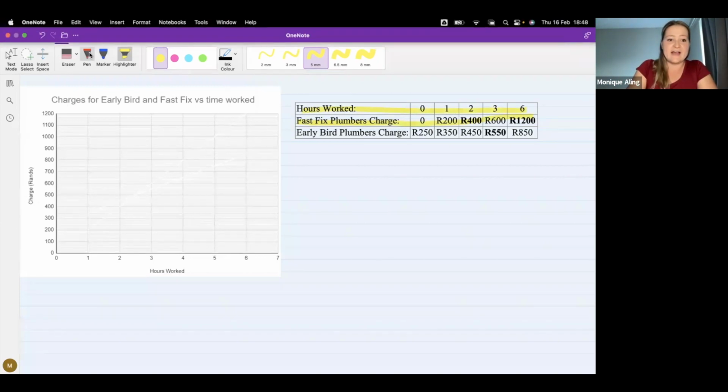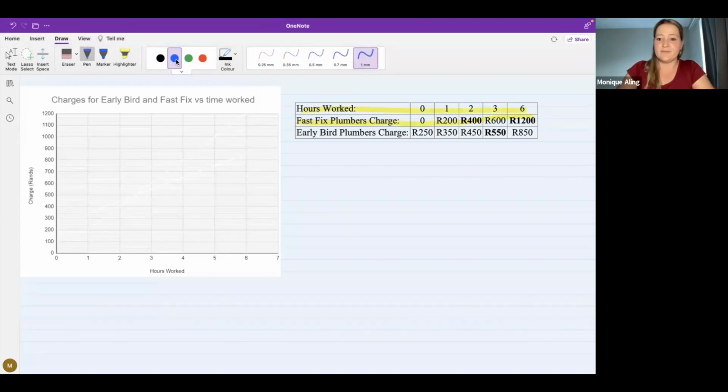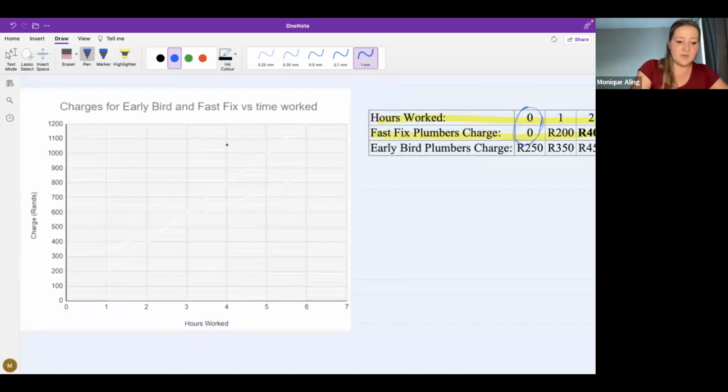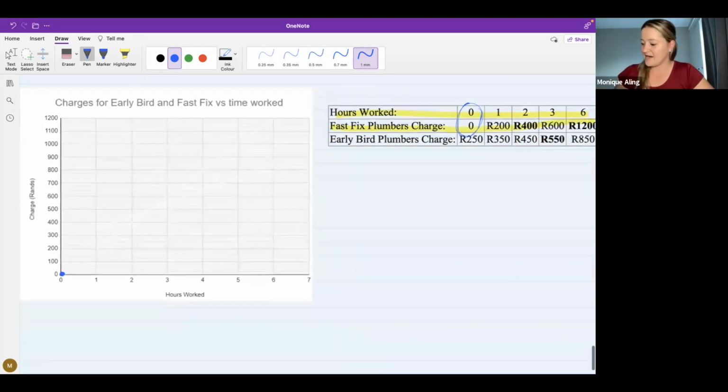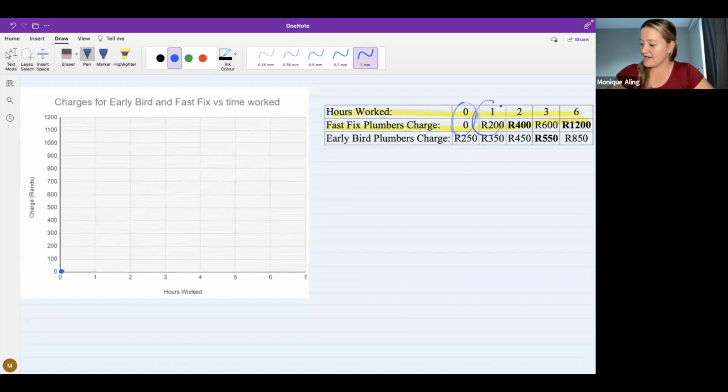So looking at the first 2 points, we've got 0 and 0. So on our graph, zoom in a little bit, we've got 0 and 0 as our first point. Then we have 1 and 200. So we look for 1 hour and where it intersects with 200, which is over there.